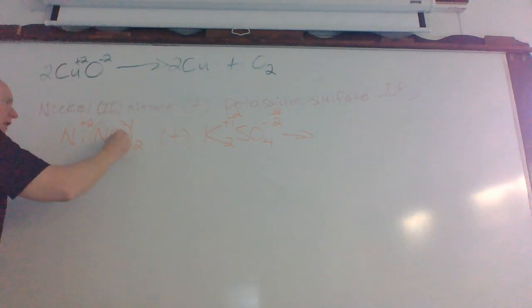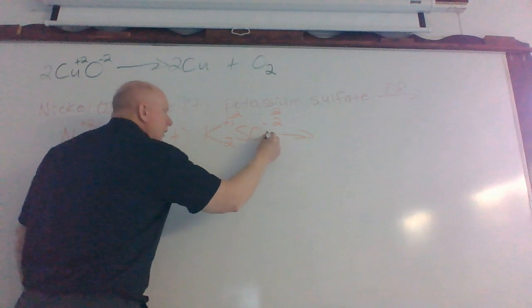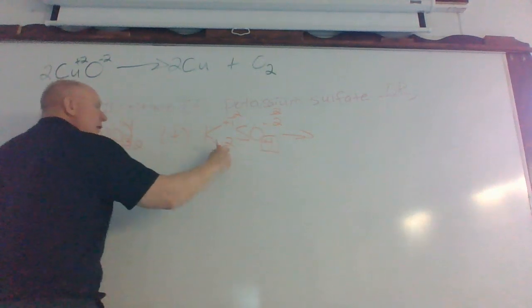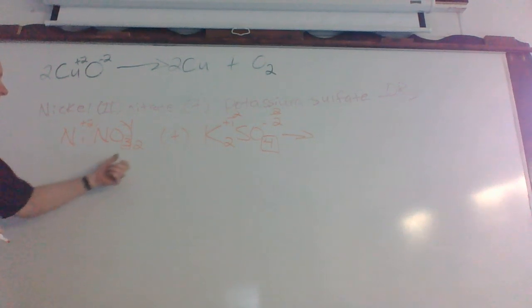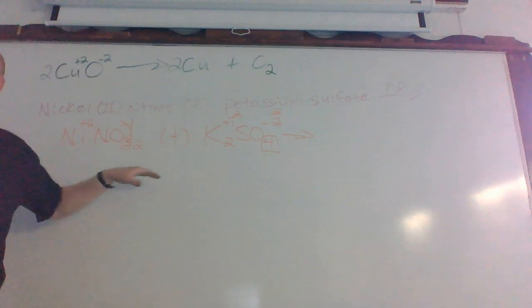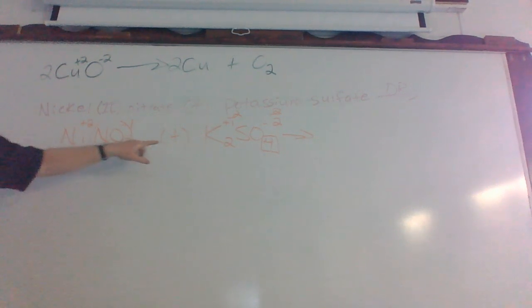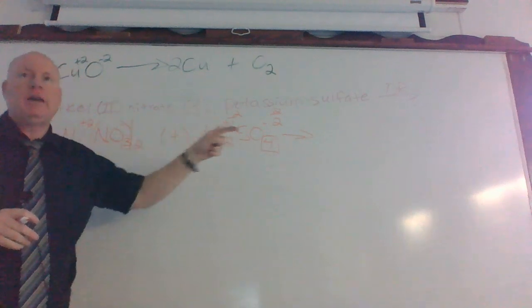So this 3 on the NO3. Okay, why not this 2? Remember, these were just used to balance out the compound. This 3 and that 4 are part of the formula. So that's why they have to go over there.